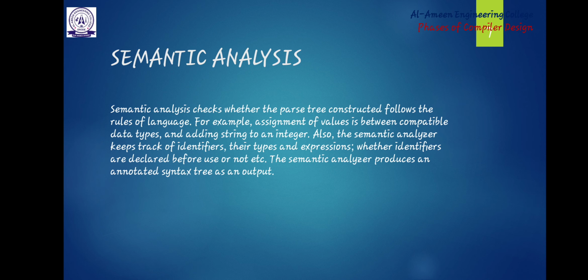Then semantic analysis, the third phase of the compiler. It checks whether the parse tree constructed follows the rules of the language. For example, if we declare a variable, int a equal to 0.4, then 0.4 is a float value, so the data types are mismatched, and this is a semantic error.